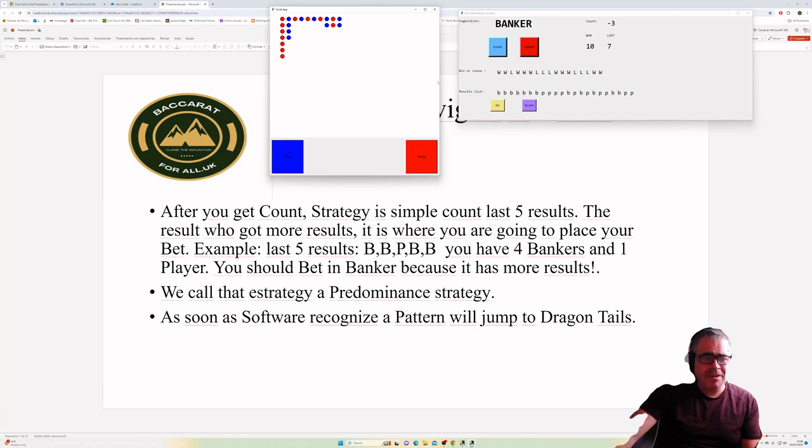If three players have come in a row, one, two, three, it recognizes the dragon tail of the player, so it suggests you bet player. I wanted to explain that it has the capability to find all the patterns, and it recognizes very fast and very simply. Very good. Thank you.